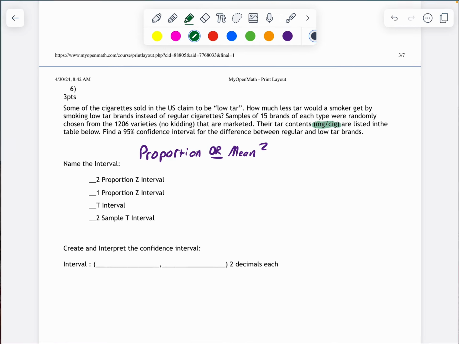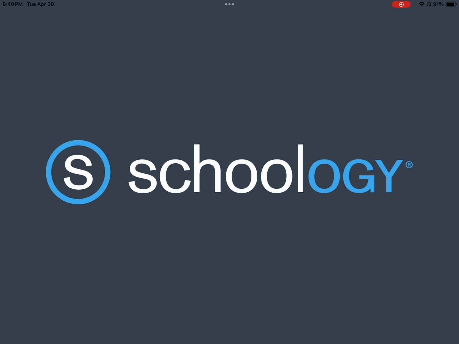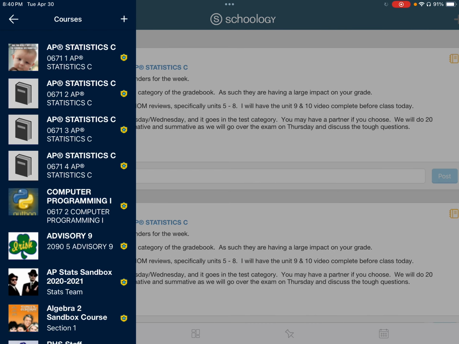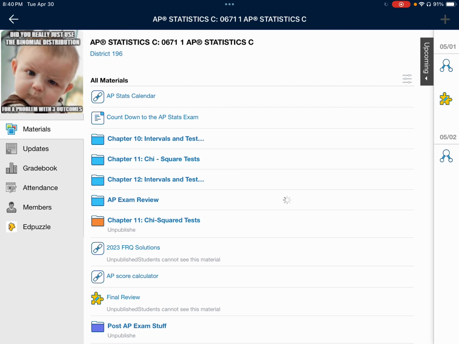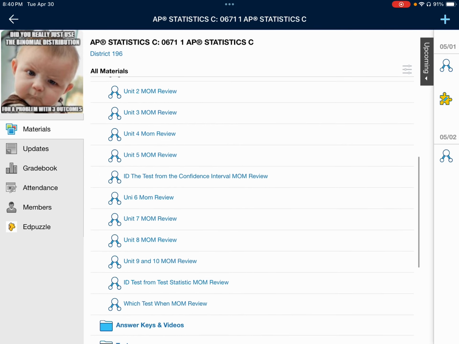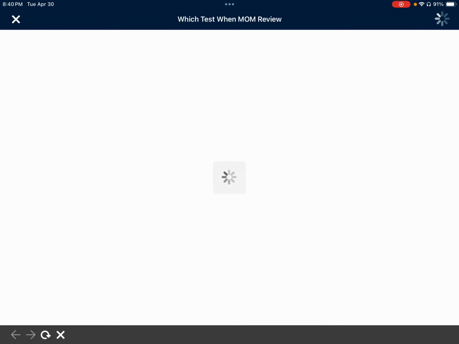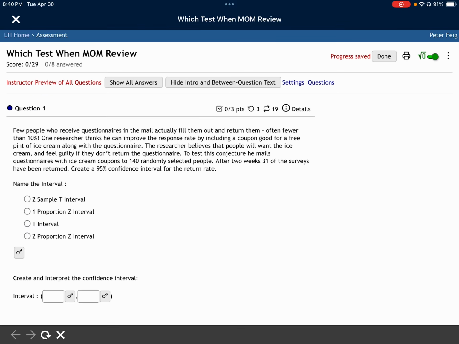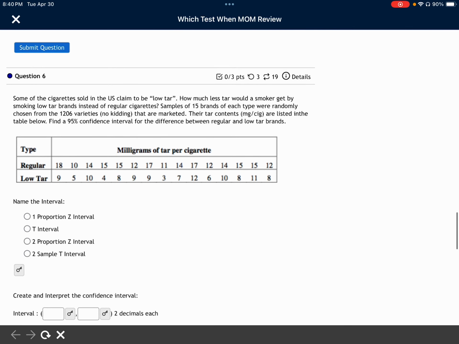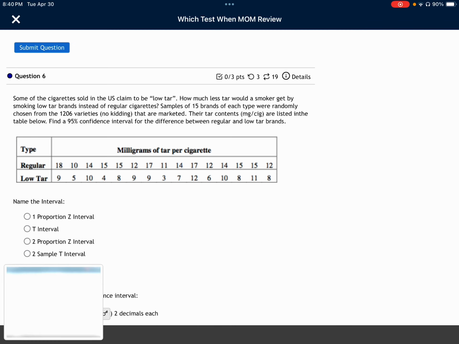Let me go find a table in Schoology. I'm not sure why the table did not come with. This will just be a minute. Here we go, let's just grab that one.